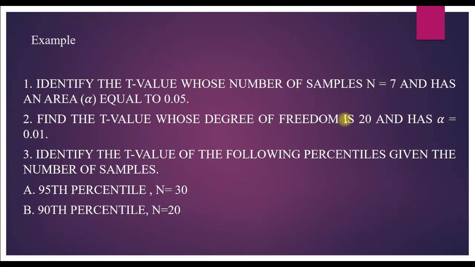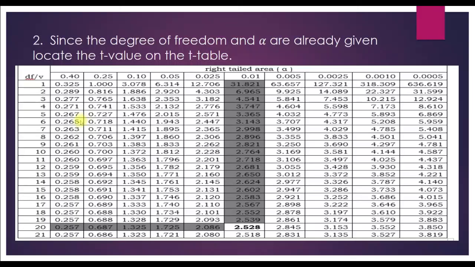So hindi mo na kailangan siyang minus 1 kasi ang sinabi niya dito is degree of freedom, hindi siya samples. And the area is 0.01. So 20, so hanapin natin dito. So 20 tapos 0.01 sa taas naman. Ayun. And then find the intersection. Ayan, 2.528. So therefore, the t-value is 2.528.